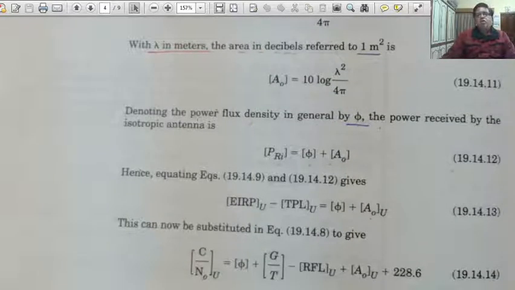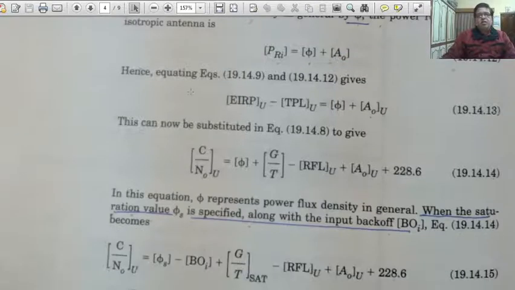Denoting the power flux density in general by phi, the power received by the isotropic antenna PRI equal to phi plus A0. Hence EIRPU minus TPLU equal to phi plus A0.